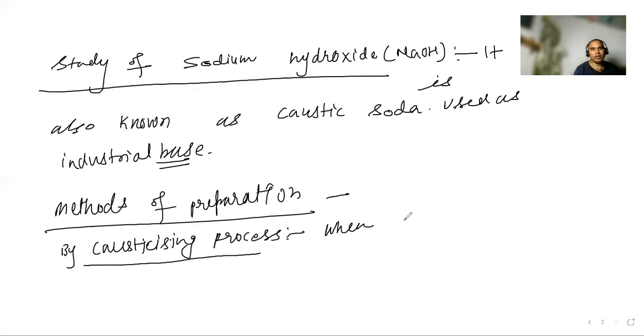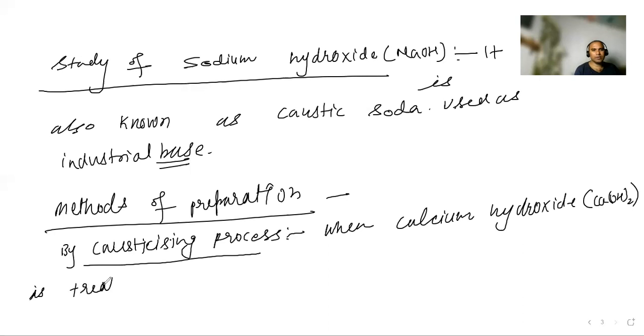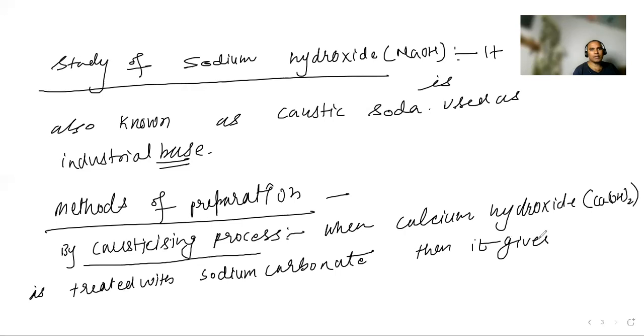When calcium hydroxide, Ca(OH)2, is treated with sodium carbonate, then it gives sodium hydroxide.